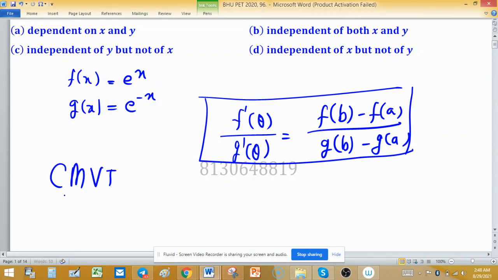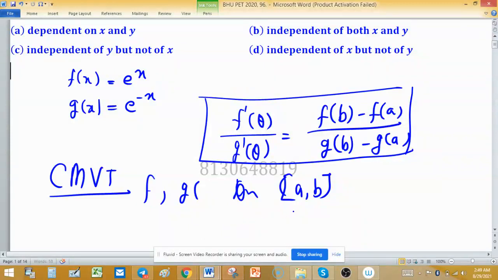Cauchy mean value theorem directly says, suppose f and g are two continuous functions on closed interval [a,b], and they are differentiable on open interval (a,b).